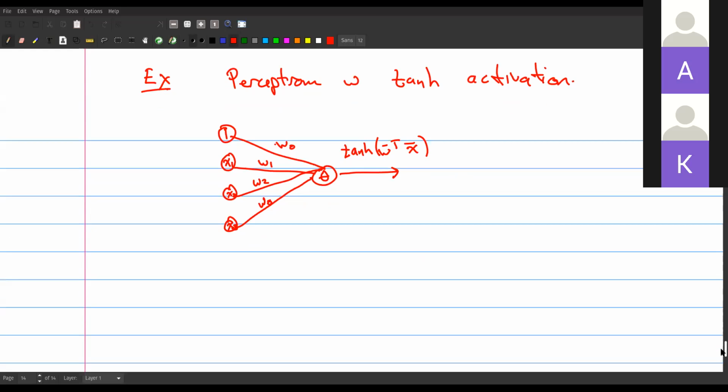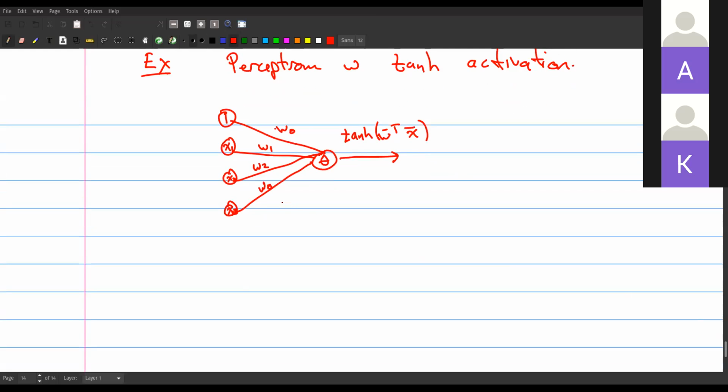So what would be the error here? If you use just mean squared error, this would be the average squared residuals, the differences between the predictions and the actual values.